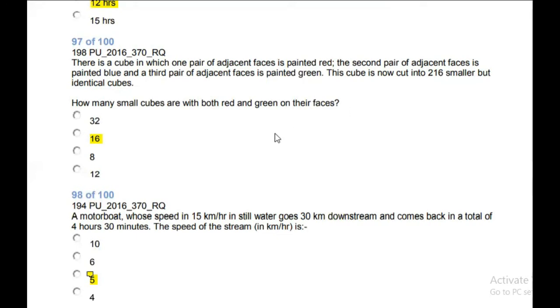It's very simple, but I have no picture to share with you, so just draw a simple picture and calculate the cubes. The option B is correct, 16. 16 cubes have both red and green on their faces.